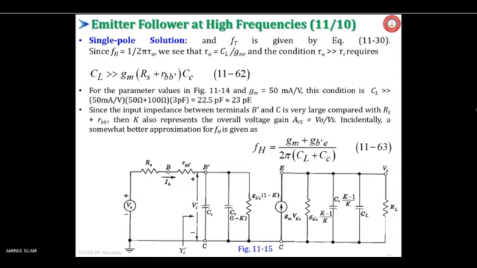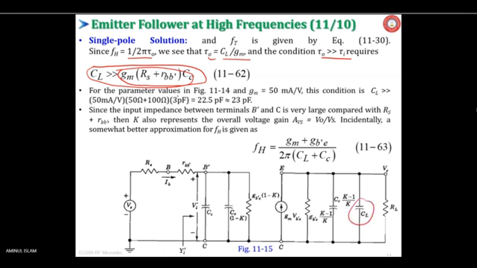And ft is given by this equation, and if fh equals 1 upon 2 pi tau 0, we see that tau 0 equals Cl by gm, and the condition tau 0 much greater than Ti requires that Cl should be much greater than gm multiplied by Rs plus rbb' into Cc. So whatever value this is, here Cl should be taken much larger than that in the output.